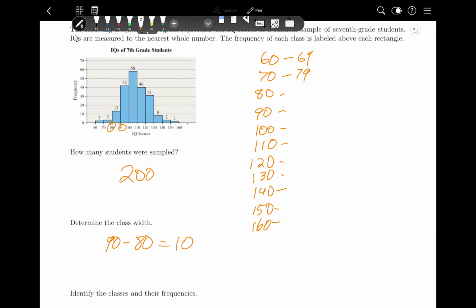Then 79, 89, 99, 109, 119, 129, 139, 149, and 159. And once again, nothing fell into 160, so we didn't need that. And then we could label their frequencies. I'm not going to take the time to write all these out, but it'd be 2, and then 3, 13, and so on.